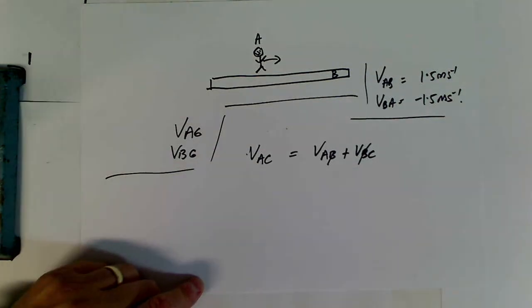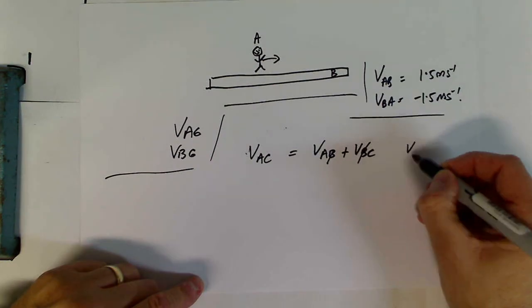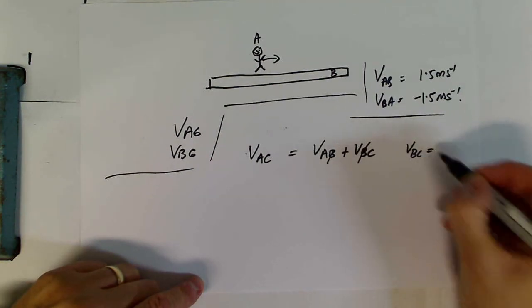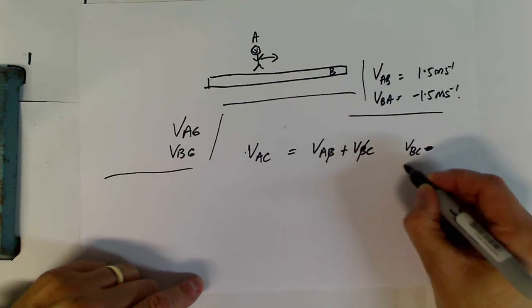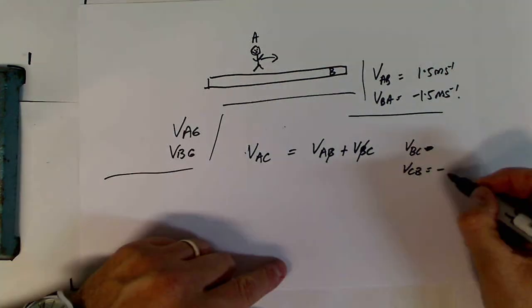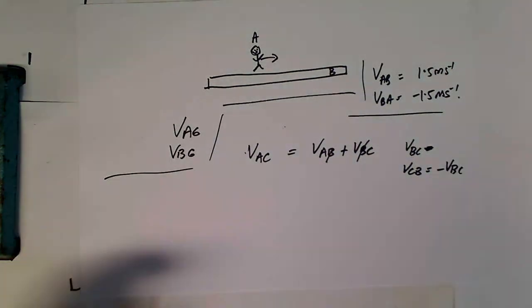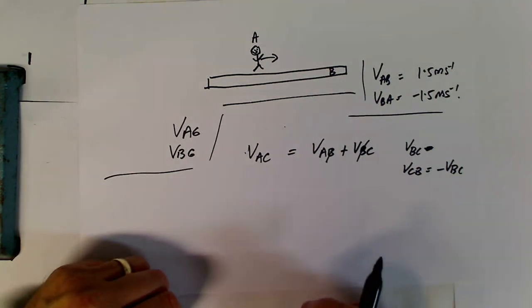And you can combine that with that other little rule we already had, which was that if you have VBC, then VCB is equal to negative VBC. So if you turn the little letters around, you just put a negative on it and all is okay.